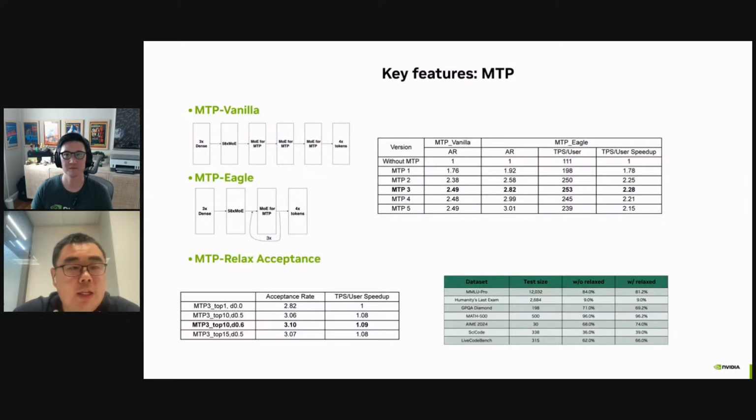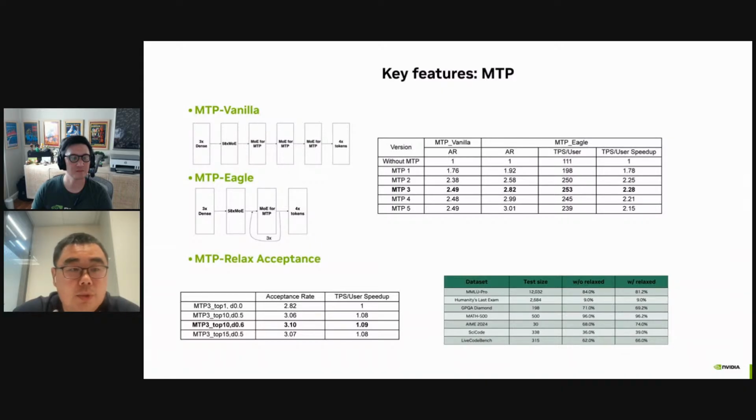The MTP Vanilla is quite straightforward. We just duplicate the MTP layer's weights and cascade them with 3 layers. And it has brought us an accept rate of 2.49.